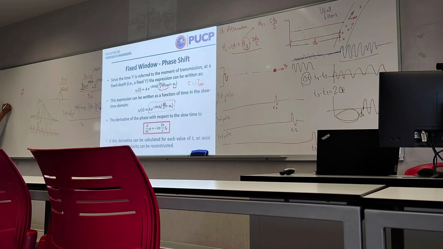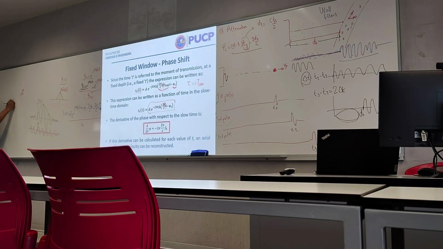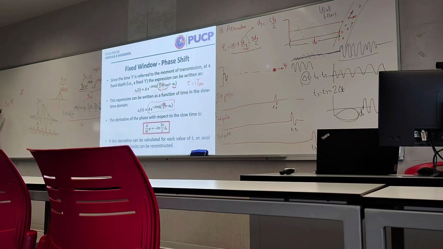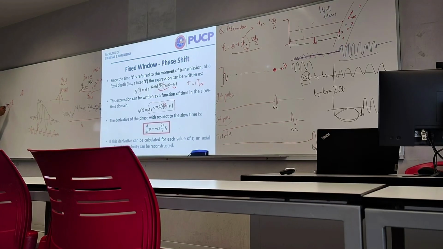For example, a complex number, right? 3j, for example, or j power. In this complex number, what is the amplitude? The amplitude is 3, right? And what is the phase? It is pi over 2.